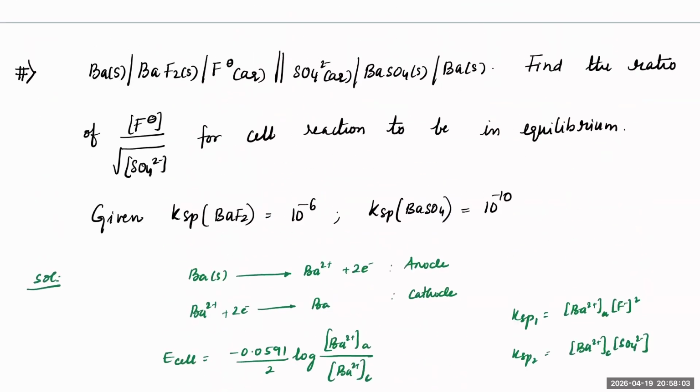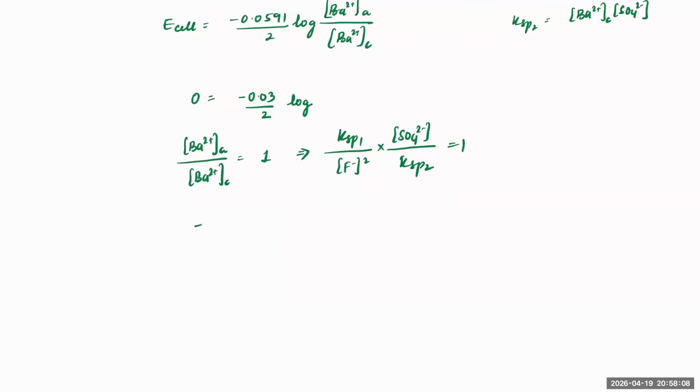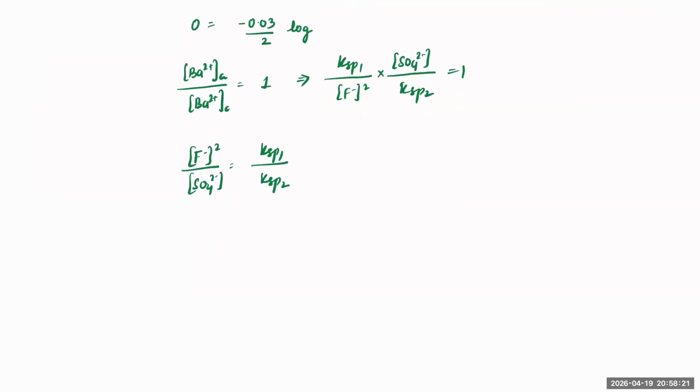So from here I can calculate F- by SO4 2- concentration. F- concentration square by SO4 2- concentration is equal to Ksp1 upon Ksp2. So take the root on both sides. I'll get F- concentration by under root of SO4 2- concentration, which is equal to under root of Ksp1 upon Ksp2.